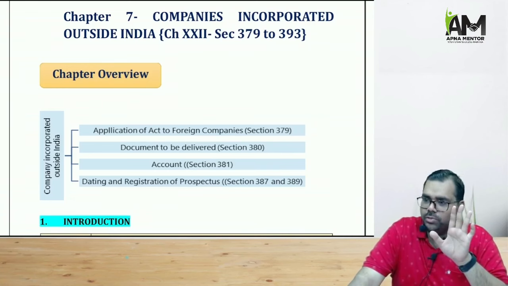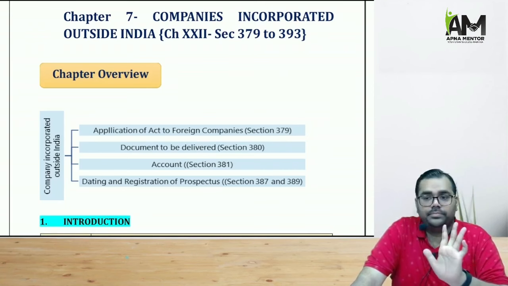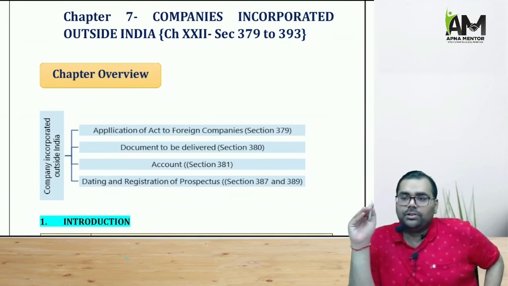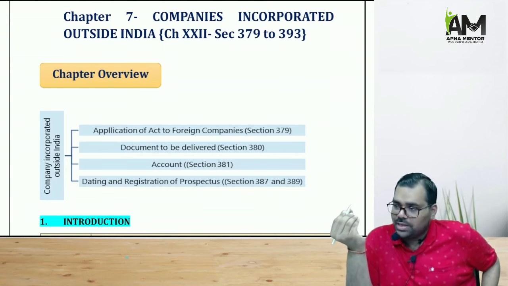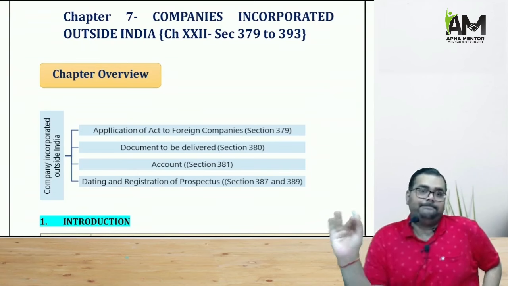We have just included those companies also in the definition of body corporate. But when we talk about foreign companies, in this particular scenario, foreign companies will only include those companies incorporated outside India but coming and doing business in India.